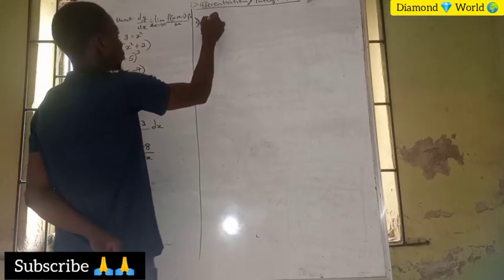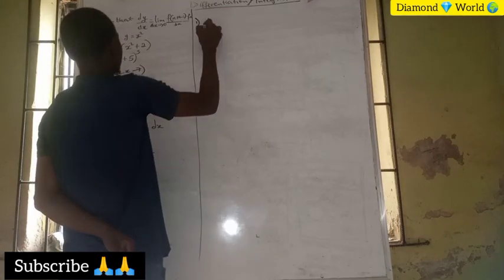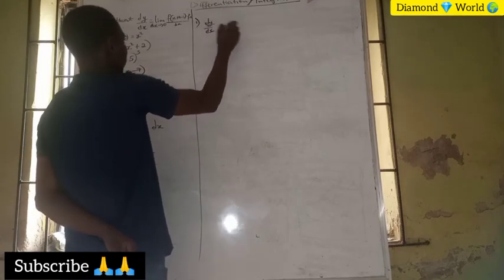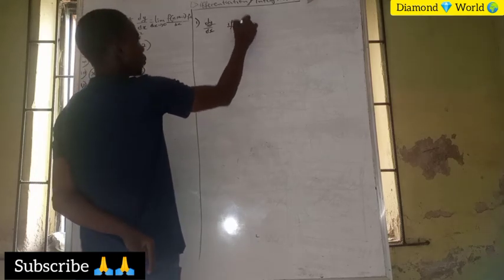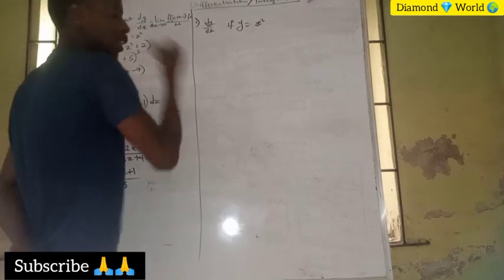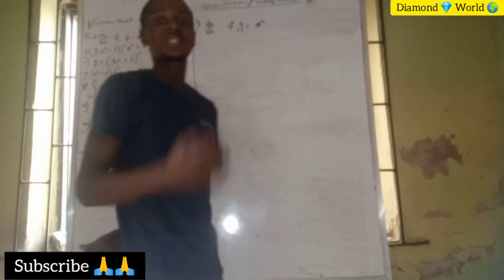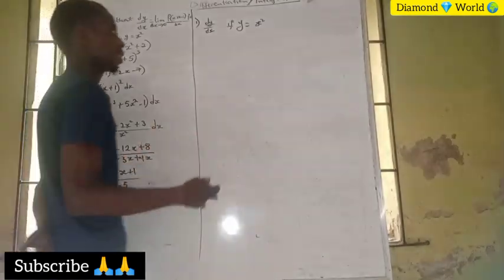Number one, you are given that we should find dy/dx if y equals x squared. What they are asking us to do here is to make use of the first principle.